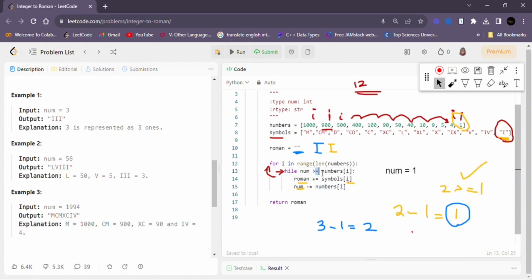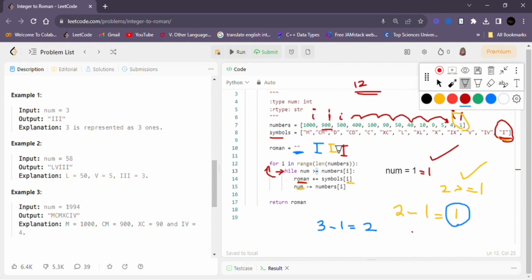Now you will understand why we put equal in the while condition: when it comes to 1, it checks that num is equal to numbers of i. 1 equals 1, yes, so the condition is satisfied, and it stores symbol I into Roman. Now we have three I's in Roman.